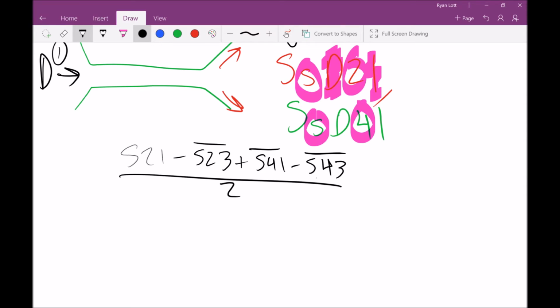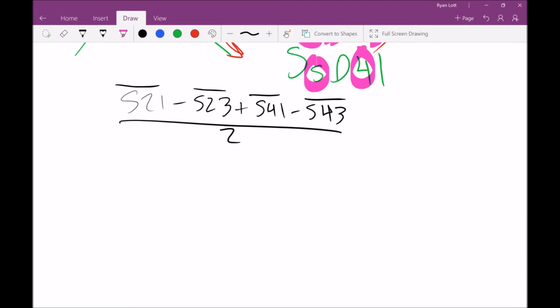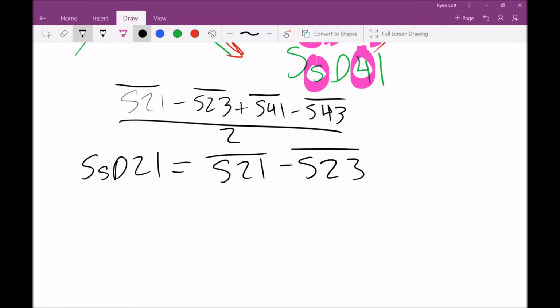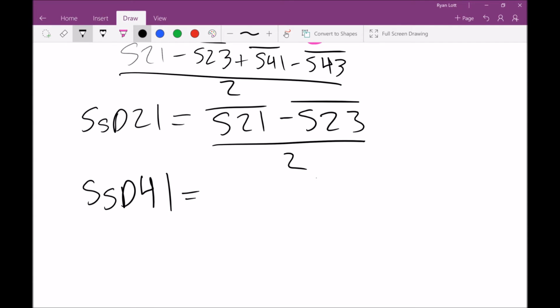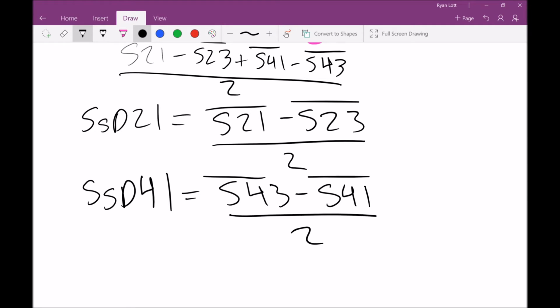There's a million ways you can write it, so now let's group these. Let's say that SSD21 is equal to S21 minus S23 divided by 2. And we'll say that SSD41 is equal to S43 minus S41 divided by 2.